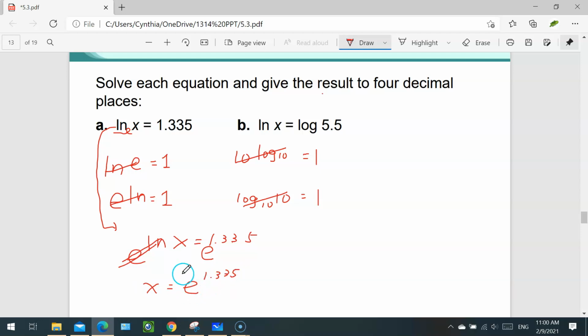You can input this number into your calculator, type e to the power 1.335, and it will give you approximately 3.80.